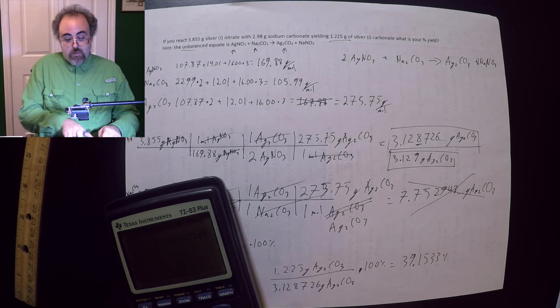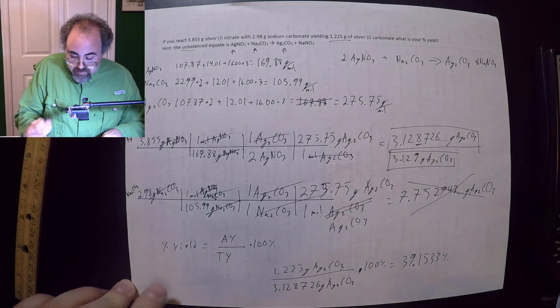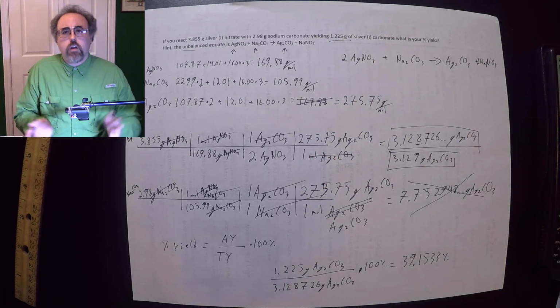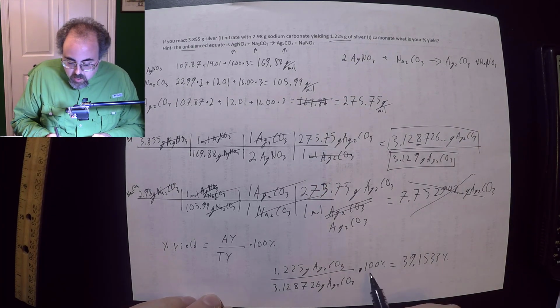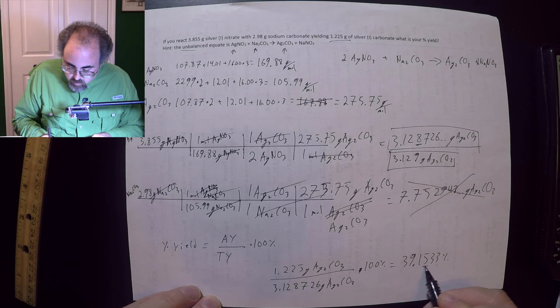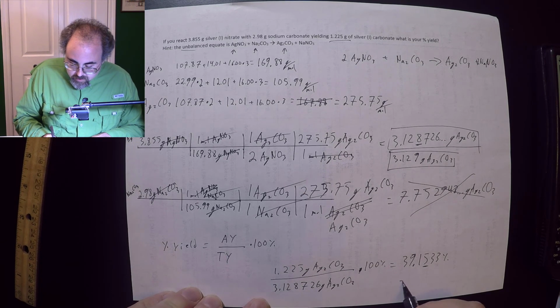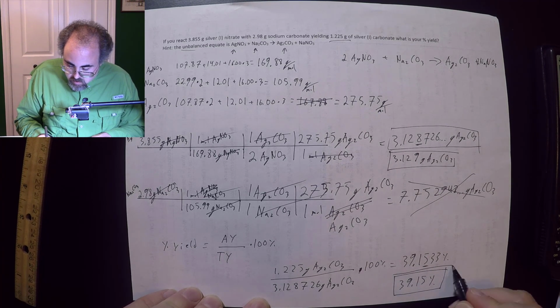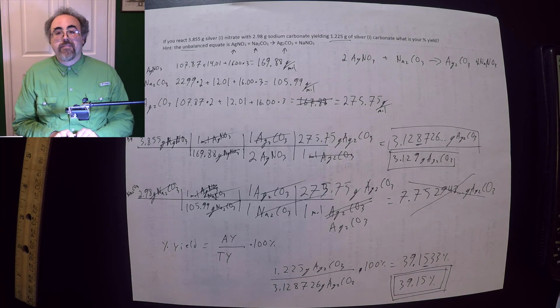And now I'm going to round. I know that this number is 4 significant figures, and I know that this number is 1, 2, 3, 4. Oh, look, they're both 4 significant figures. Therefore, that's where I'm going to round. So now I get 39.15%. And that really is my final answer.